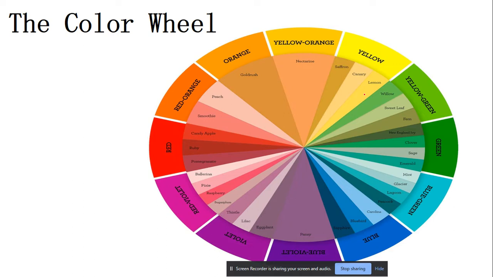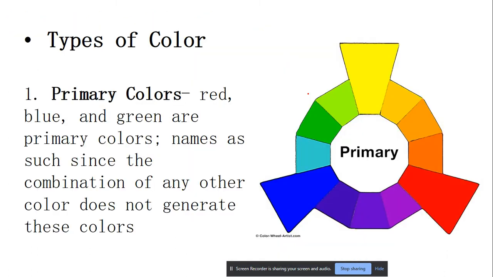Okay, and aside from that, now let's have the primary colors. We have red, blue, and green referred to as primary colors.